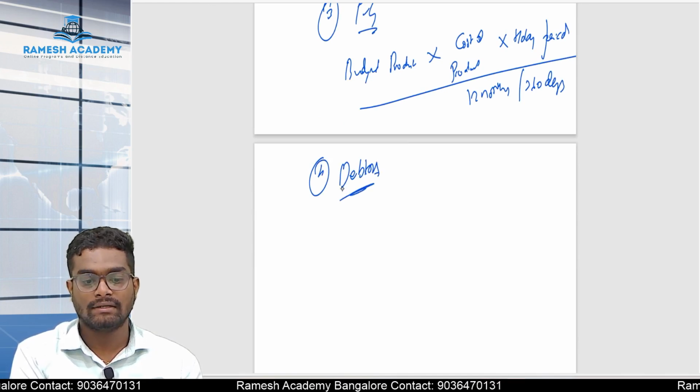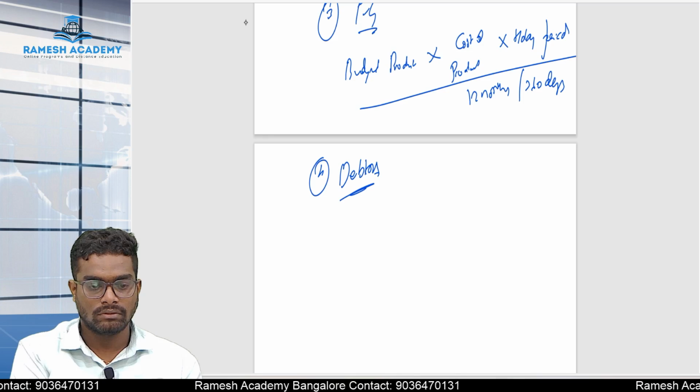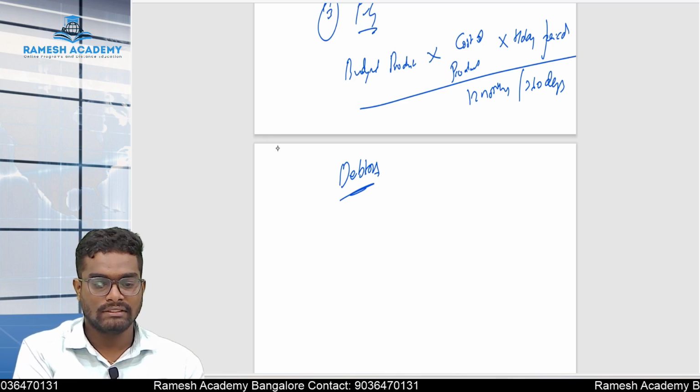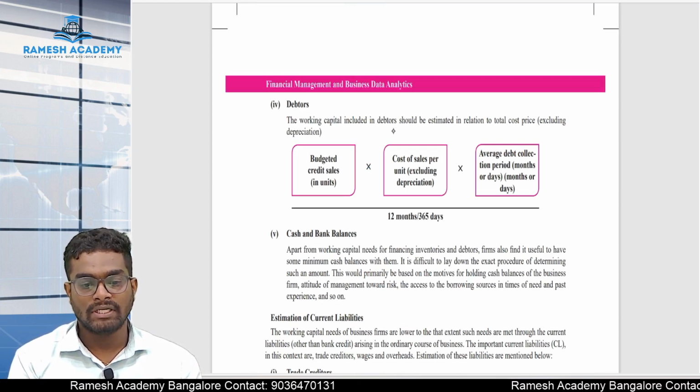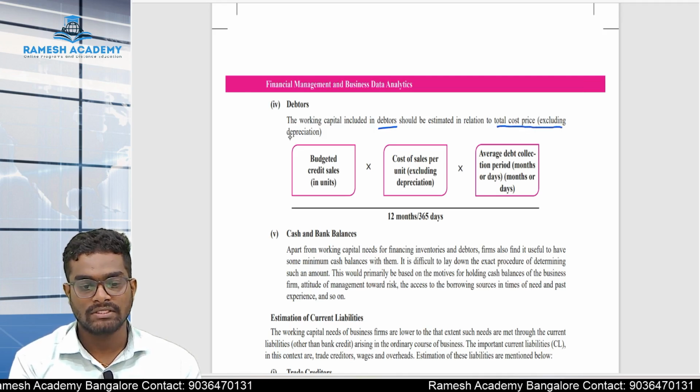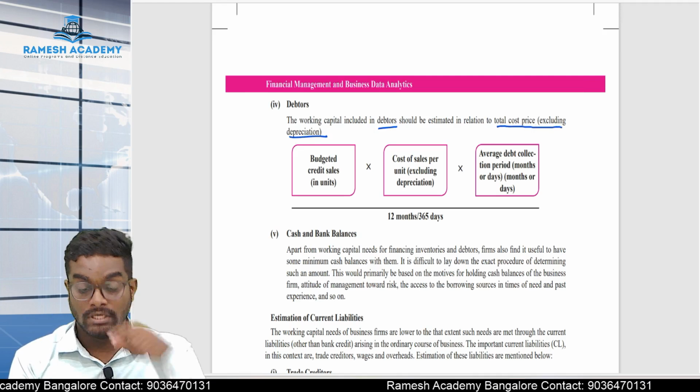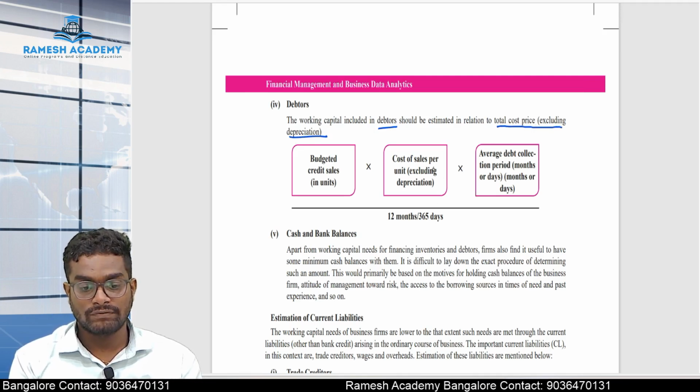So the second current asset is debtors. So what is the formula? The working capital included in the debtors should be estimated in relation to the total cost price excluding depreciation. Here we have to take cost of sales per unit but excluding depreciation.